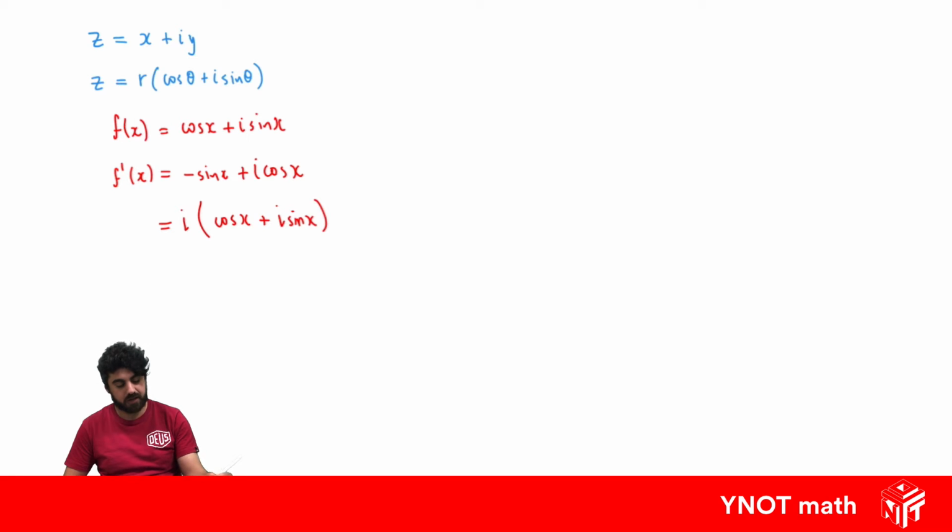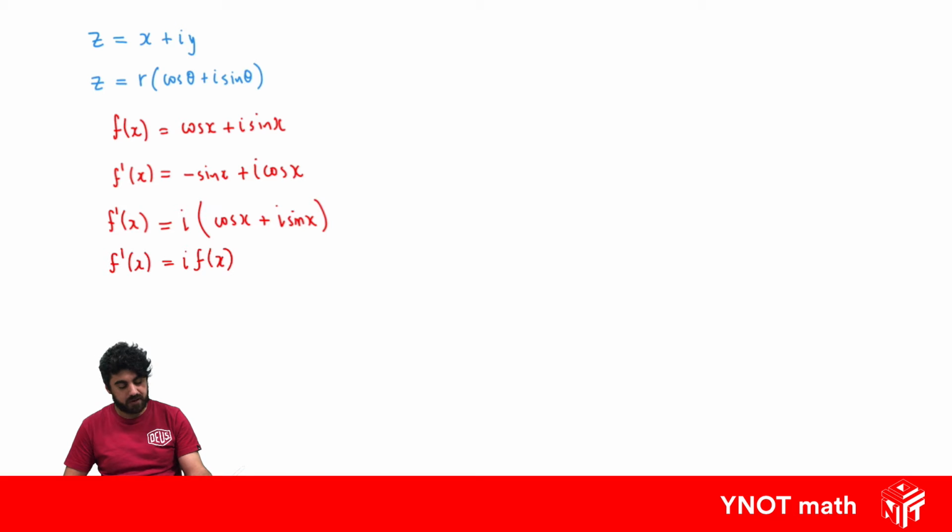And let's just double check that that works, because if we multiply i and i, we get negative 1 and we get back to negative sin x. And this all still equals the f dash of x. And the good thing about doing that was that cos x plus i sin x just equals our original function f of x. So we get f dash of x equals i multiplied by f of x.